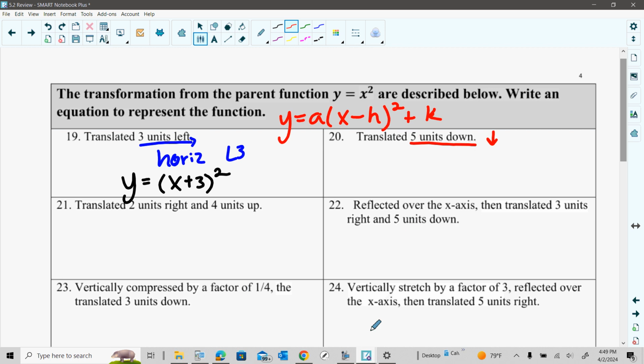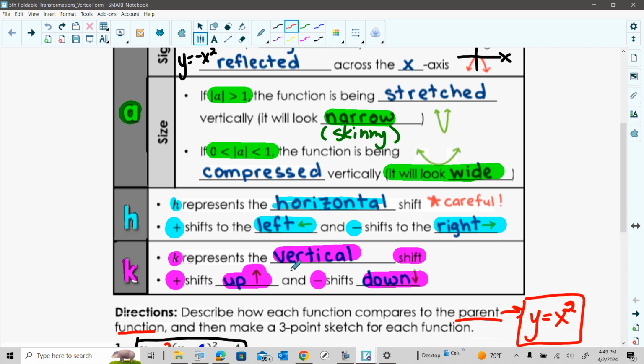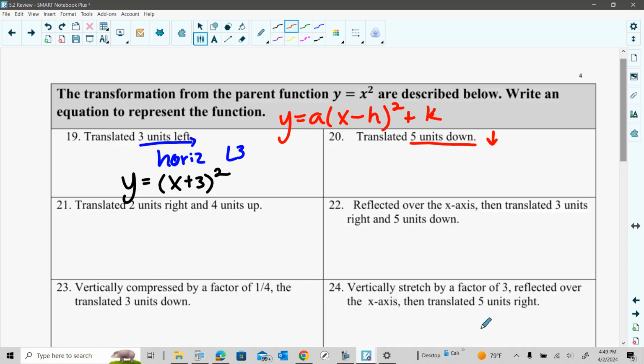If it's going up and down, that on our notes right here, vertical shift, up is plus, down is negative. That's our K. So this doesn't have an H or A, it just has a K. So that would be y equals, there's none of this, so x squared, then minus 5.